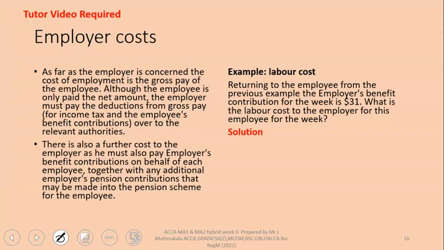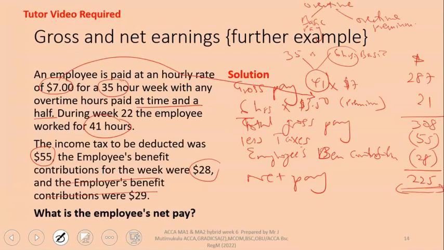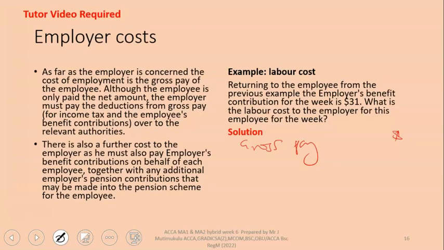Okay, we have already calculated the gross pay for this guy. The gross pay was how much? If you go back to our computation, the gross pay in total, this one, 308. Okay, the gross pay was 308.